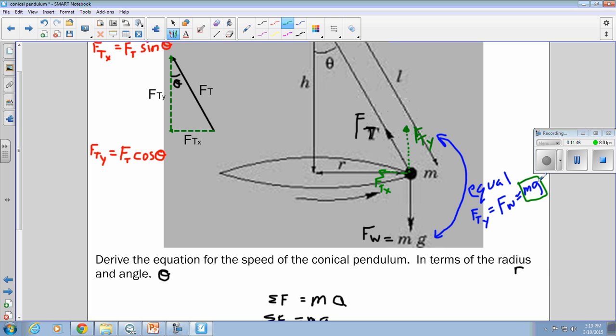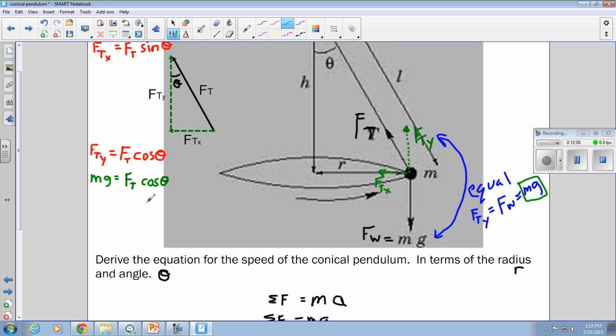And here you go. What can we substitute in for F_Ty? mg, mass times gravity, is equal to F_Ty. So you get mg is equal to our force tension times cosine theta.